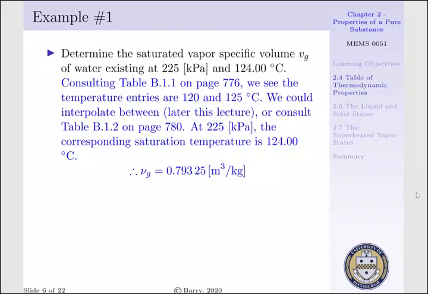We could interpolate between these values, which we'll talk about later in this lecture, or if we go to table B.1.2 on page 780, we see we have a 225 kPa pressure entry, and our corresponding saturation temperature is 124 degrees centigrade. So if we go to the fifth column, we can pull out our saturated vapor specific volume, which is taken as 0.79325 meters cubed per kg.